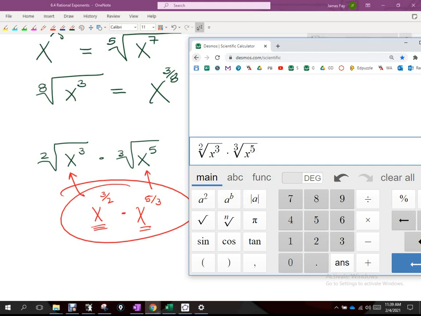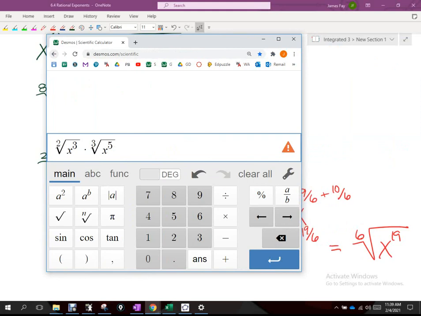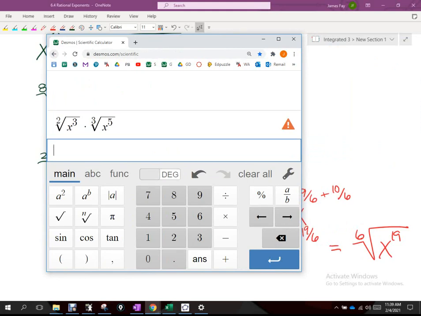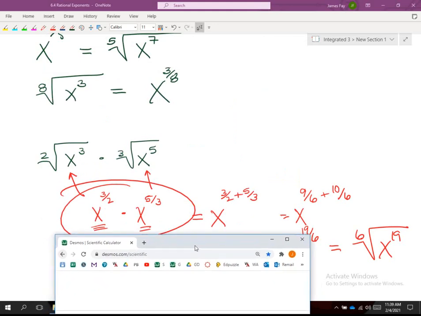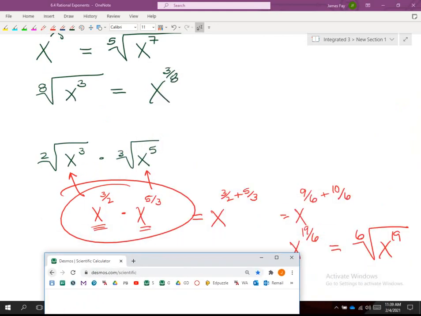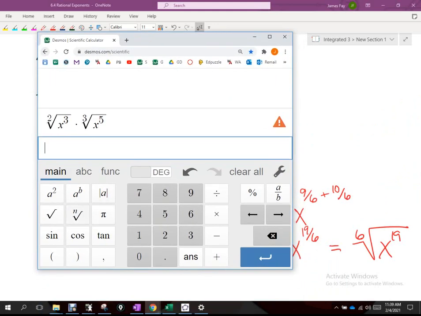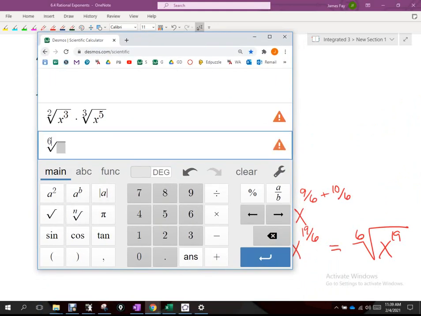Doesn't give me anything back. But we went through all this work, and we say that that is equivalent to this, which was eventually equivalent to this. So I'm going to type in the sixth root of x to the 19th.